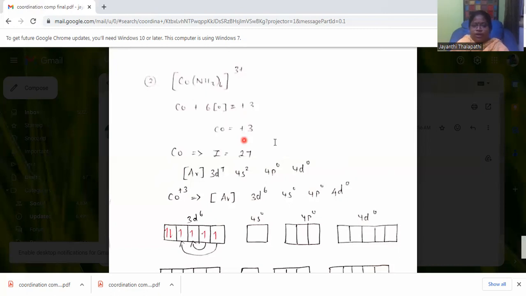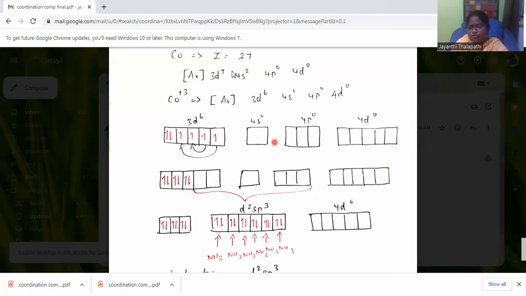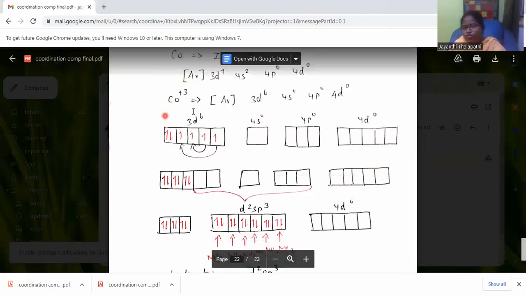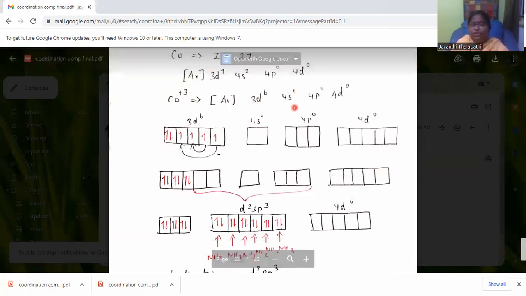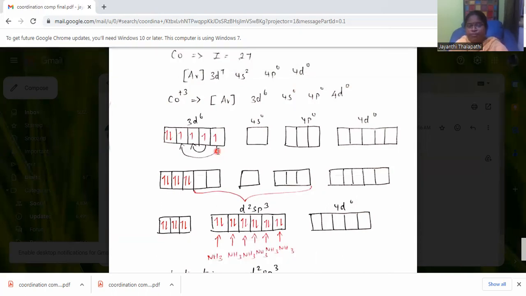Again, in the same way we write the electronic configuration for cobalt and the cobalt ion, and then fill the electrons. Now we know ammine is a strong ligand, so it pushes the electrons over here. So it is the inner orbital complex. You can fill the electrons in the d orbital itself. Six ammine ligands each donate one pair of electrons: one, two, three, four, five, six.